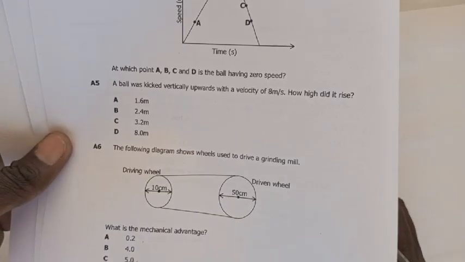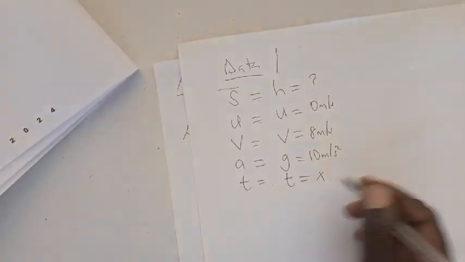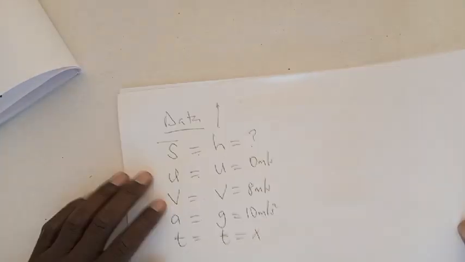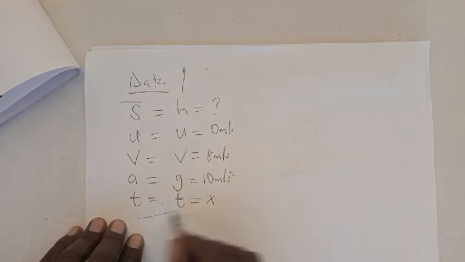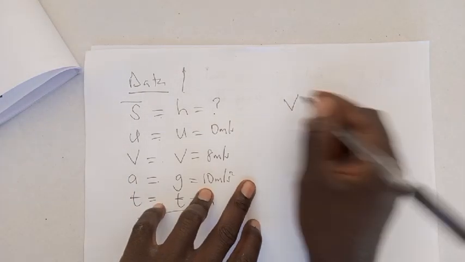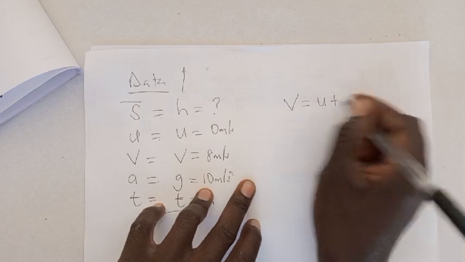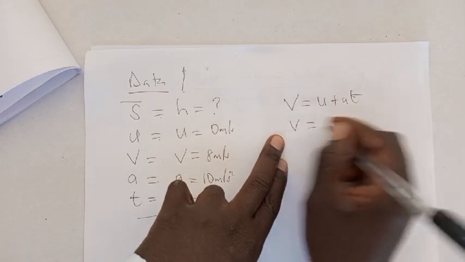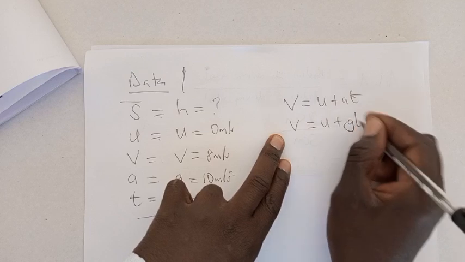Have we been given time in the question? No. So when we go to the equation that we would select to use on this part, we need to pick an equation which does not have time. Where do we pick that equation? So there are these 3 equations. V is equal to U plus AT. Now because it is height, it changes to V is equal to U plus GT.